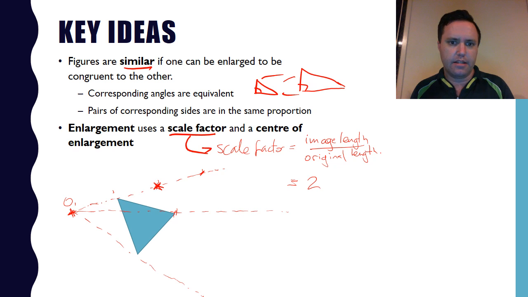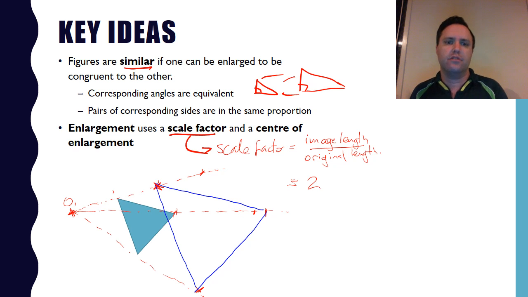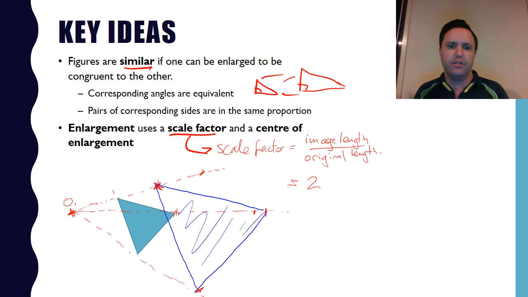This length here gets doubled out to there, a little bit further, actually. This length here gets doubled all the way down to here, and our new triangle is this. So it's sort of like a doubled version of it.